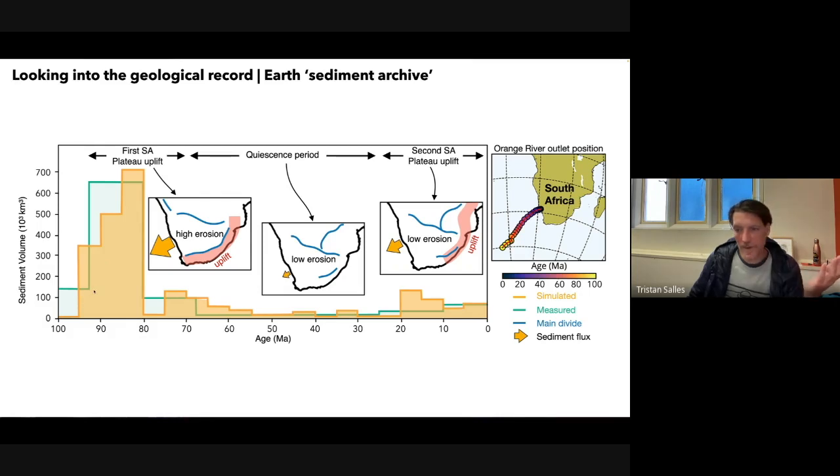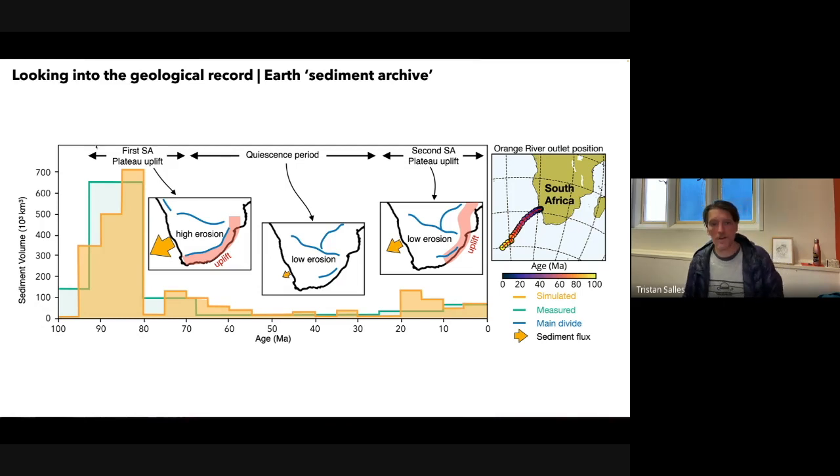You can compare that with estimates of sediment accumulation based on wells, so drilling sites, and also seismic data from this region, to evaluate the amount of sediments carried by the river. This corresponds to the green or teal line here.